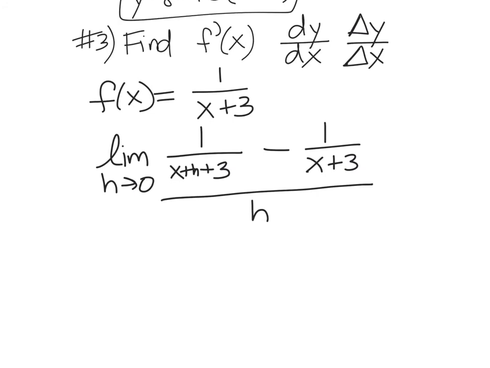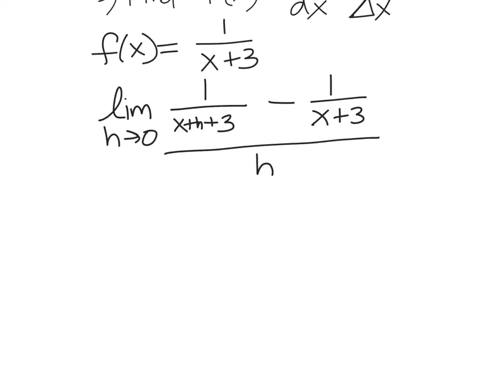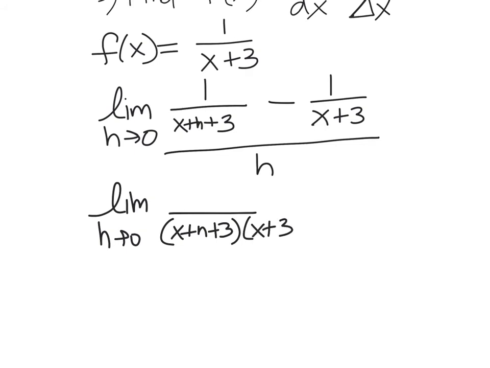Now, the next part is where you have to use your algebra skills. Algebra is very important for calculus. You're going to need a common denominator in the numerator up here, and this is why we did this whole thing last week. Our common denominator is going to be x plus h plus 3 and an x plus 3.